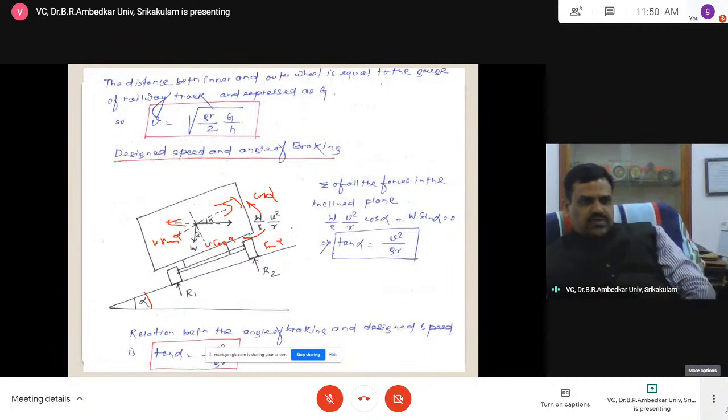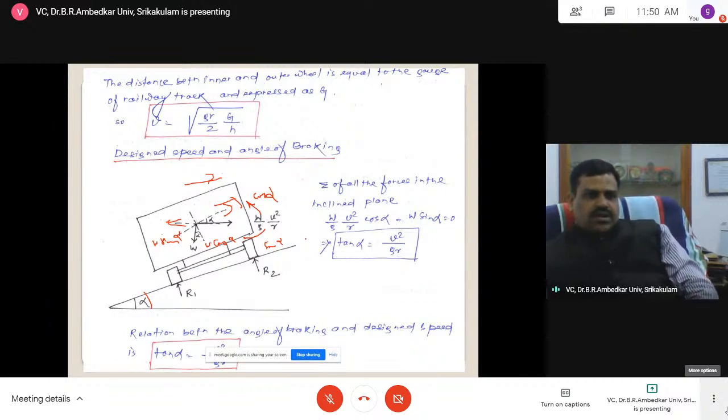Actually, when the vehicle is moving, the tendency is to move away, but I am applying it towards the opposite. That is the inertial force, W by G V square by R, applied in the opposite direction, like this, tangent. So this is how we can resolve the components and the forces.